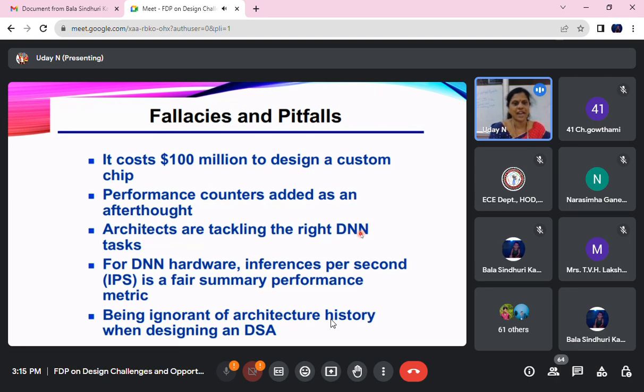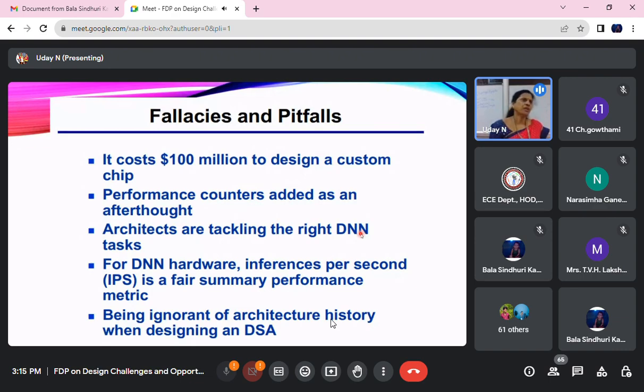It was added as an add-on, and it is difficult to choose the right DNN task for a given hardware, and the number of inferences per second is just a fair summary performance metric. These are some of the fallacies and pitfalls.